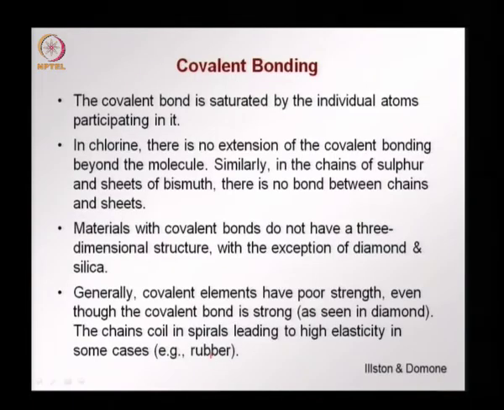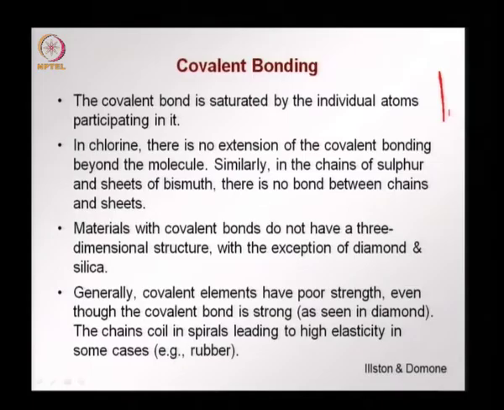So, to summarize the covalent bond, we find that the covalent bond is saturated by individual atoms, meaning that once you have a covalently bonded material, the molecules do not have to bond with anything else. For example, in chlorine, when you have a chlorine molecule, there is no extension, there are no other bonds formed beyond what is needed to form the molecule.